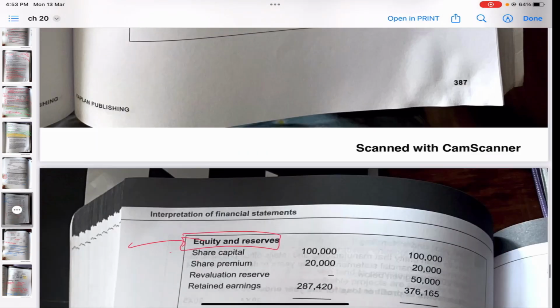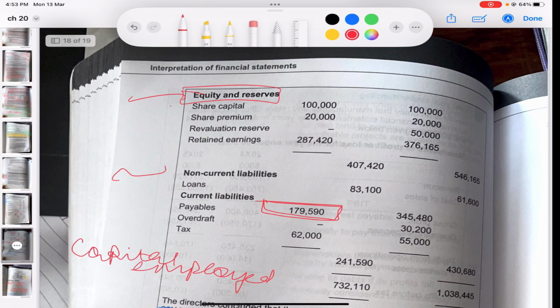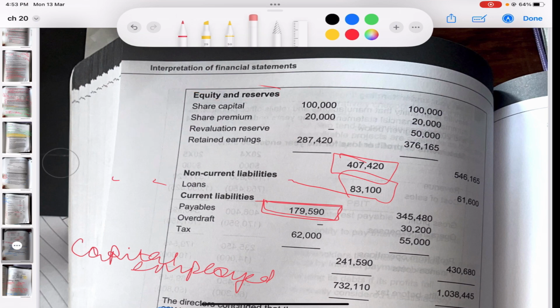Okay. Now we are adding equity and reserves 407,420. We are adding non-current liabilities. Wait, we are doing something wrong. Let's just quickly check our answer.